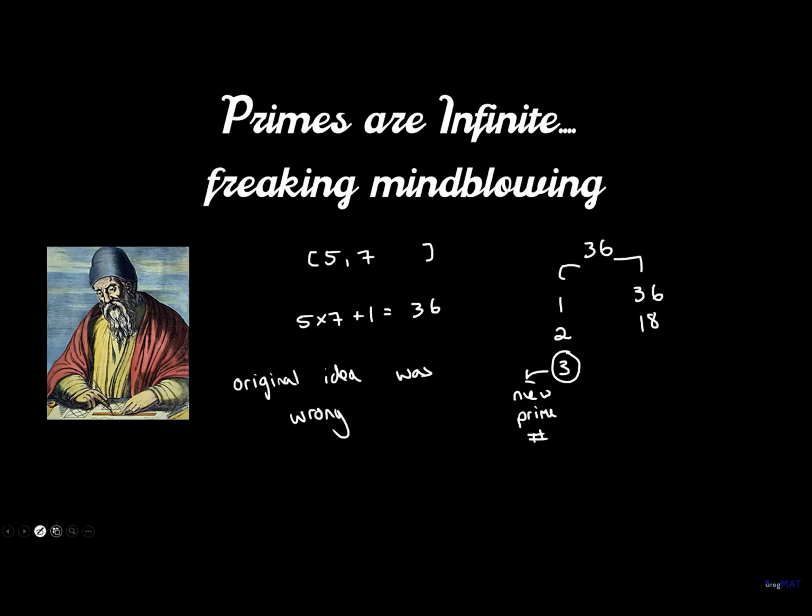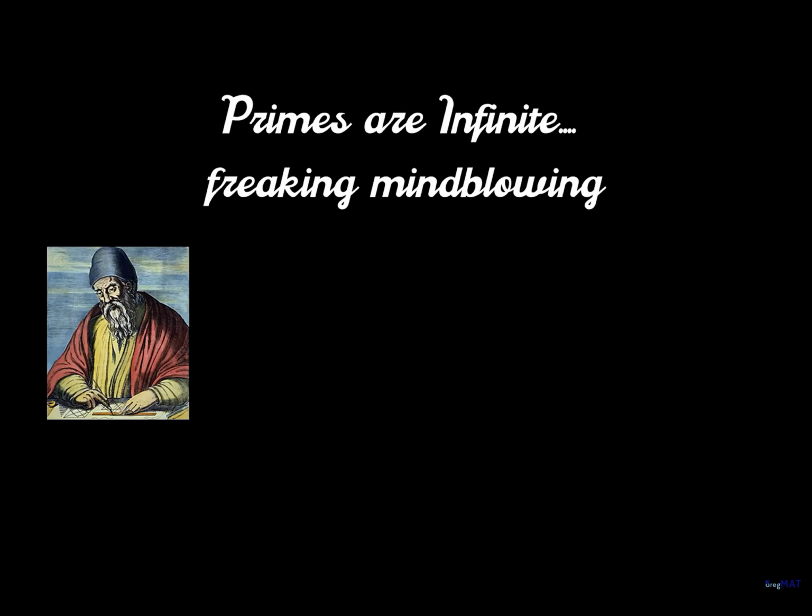All right, let's just do one more example here, okay? Imagine that the only primes we have are 2 and 11. So we multiply these together to create a new number. We then add 1. Remember, we're adding 1 because it guarantees that 2 is not a factor and 11 is not a factor.